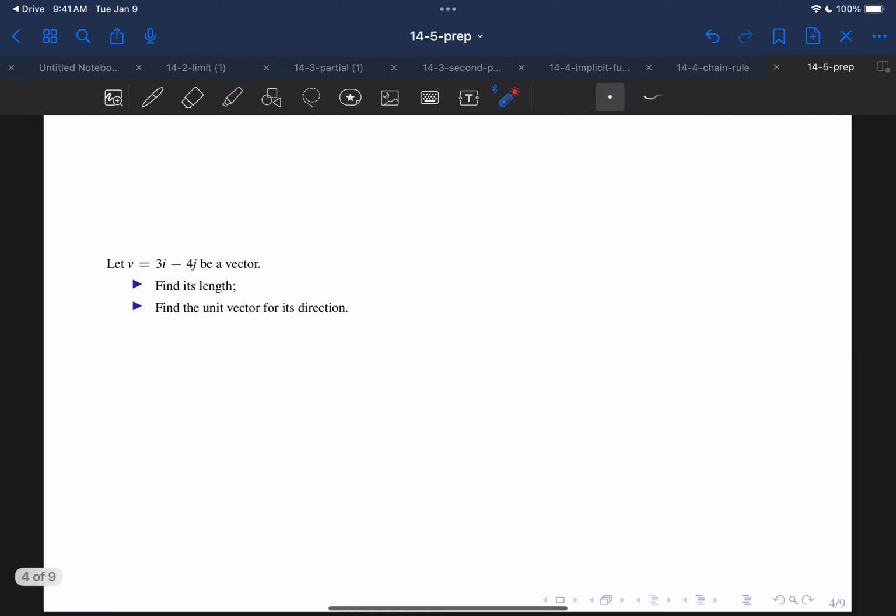We're going to look at one example here. Let v be the vector 3i minus 4j. Then find its length and its direction. The length we denote by |v|, which is the square root of the sum of squares of the two numbers.